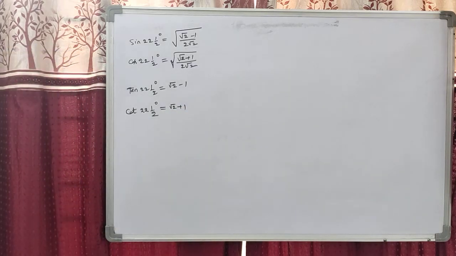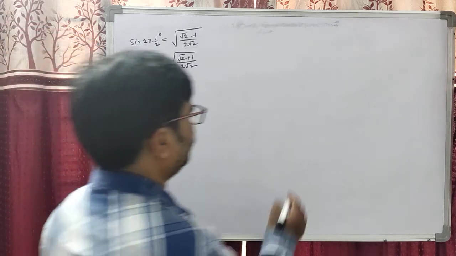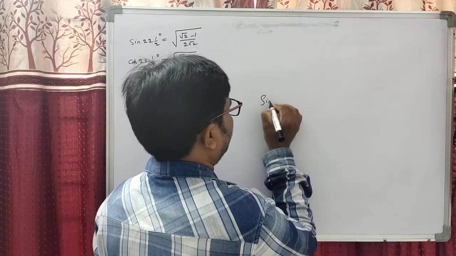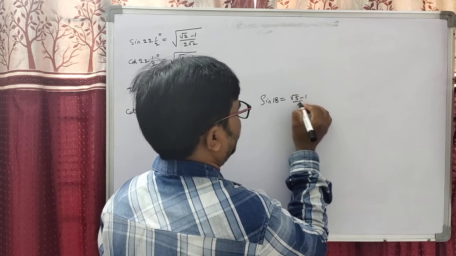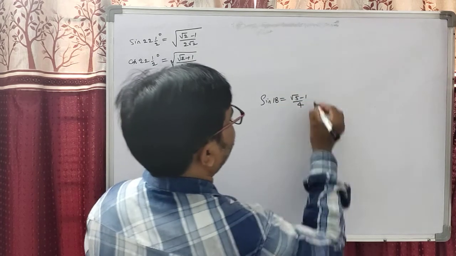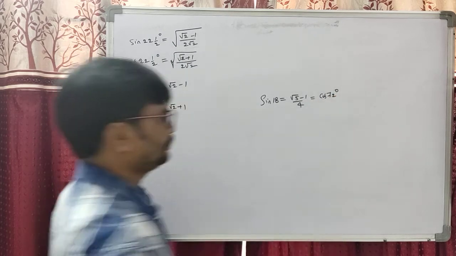Okay students? So my dear students, just now we completed the values. Sin of 18 degrees is (root 5 minus 1) by 4, that equals cos of 72 degrees.